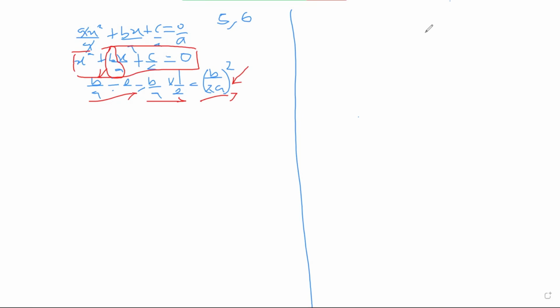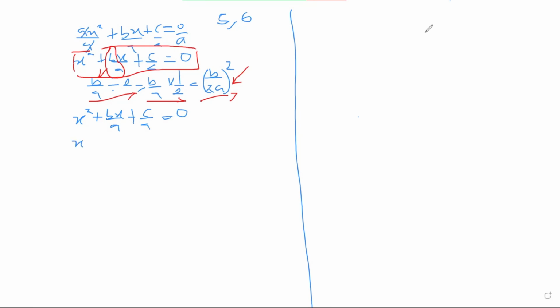That means we are going to have x squared plus bx over a plus c over a equals 0. Now, before we add that to both sides of the equation, let us move our c over. Okay, we can do that anyhow. So let us add this to both sides of the equation.